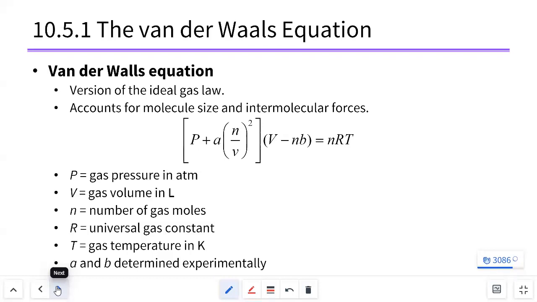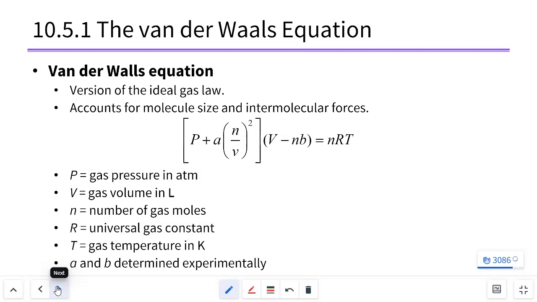If you look at the heart of the van der Waals equation, you see the ideal gas law, PV is equal to nRT. The only difference between the van der Waals equation and the ideal gas law is that there are corrections added to the pressure and volume. Gas molecules are no longer negligible in size.